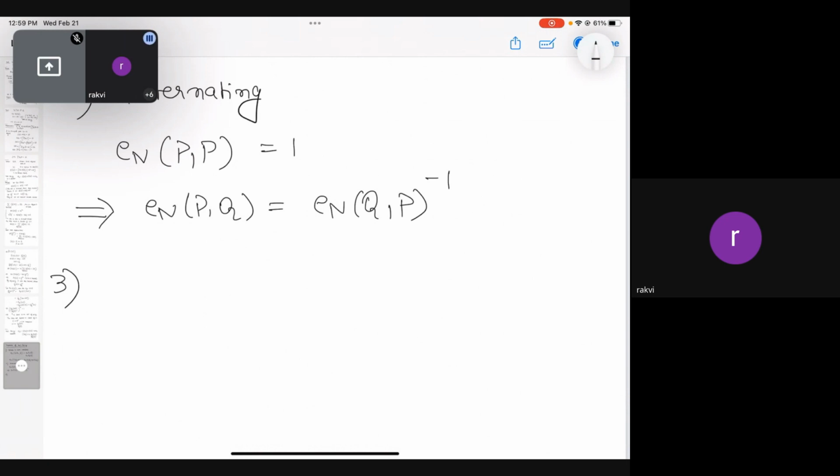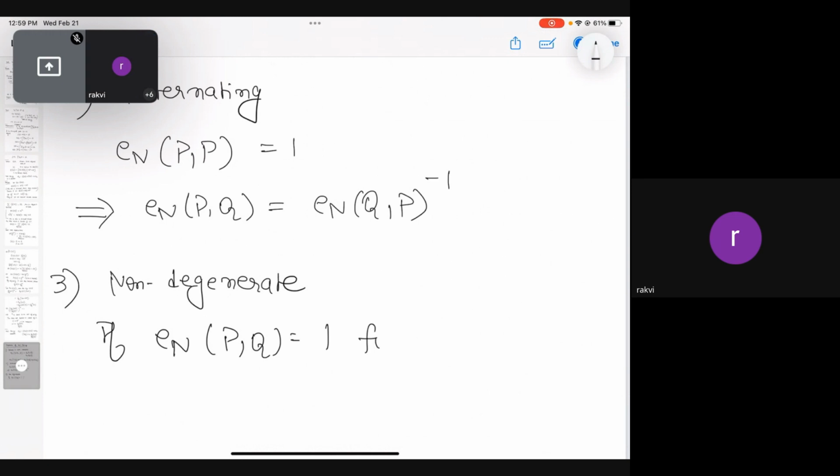The third property is that it's non-degenerate. What that means is that if En of p comma q equals 1 for all q in En, so let's say I'm fixing a p and I'm varying q over all the n torsion points, and it turns out that for every q I am getting 1, then my p must be the identity.